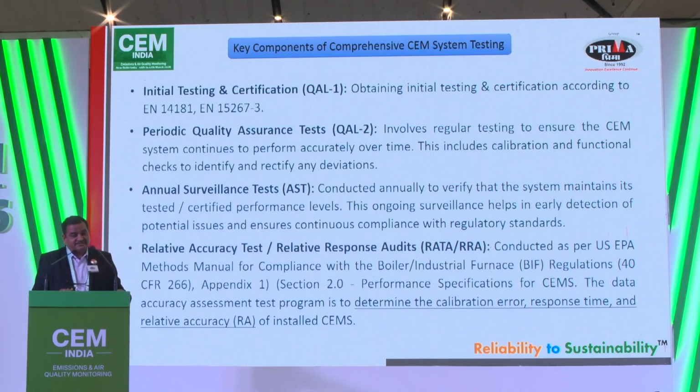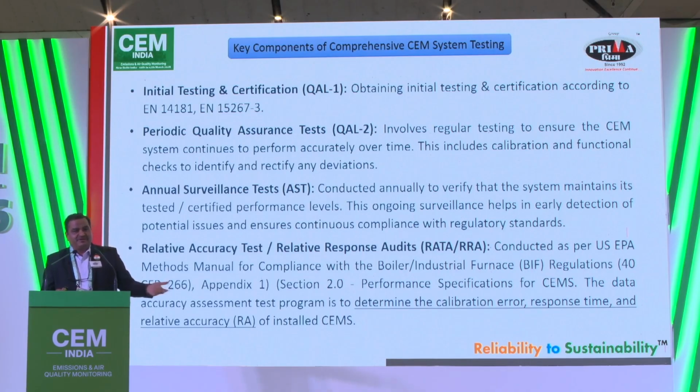Then the annual surveillance test. Forget about QAL 2, because QAL 2 comes every 5 years. The AST comes every 1 year. And if you fail the AST at 1 year, you definitely have to perform QAL 2, irrespective of the 5-year term. So if your AST fails in the second year, you have to completely do the QAL 2 testing. And India doesn't have that facility, and neither does Asia.